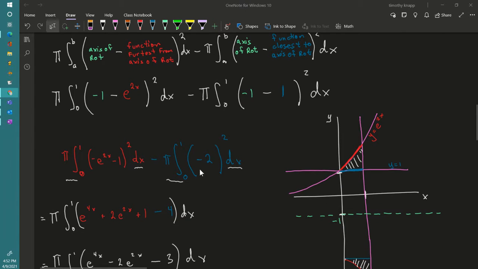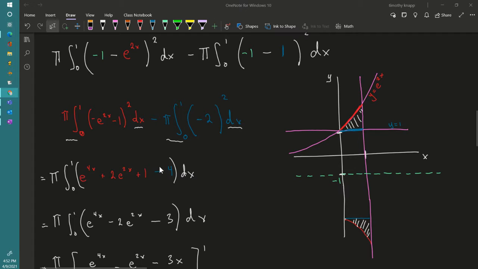I started with them separated out because it kind of gave us a good way of thinking about these two separate volumes. So now I just did this exponential, -1 e to the 2x, did it to the square and wrote it here. -1 to the -1 minus -1 squared is this, which is my -4, which is here.